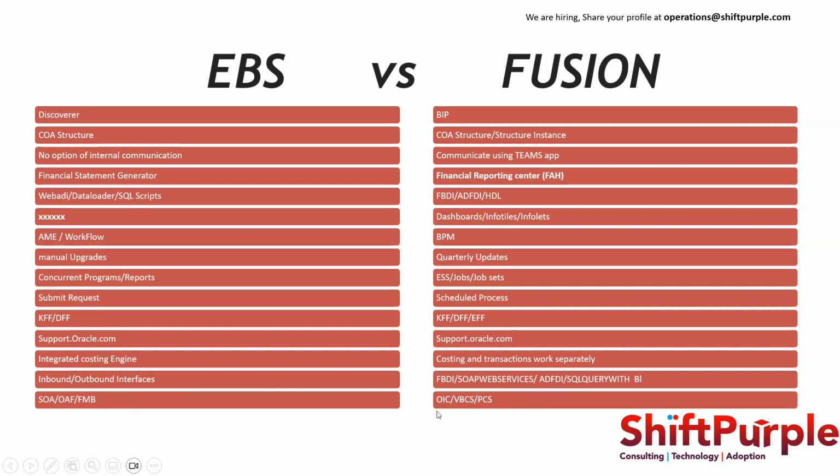OIC is for integration, VBCS for pages, and PCS for notifications. This is a short description of a few of the topics showing the difference between EBS and Fusion. So thank you.